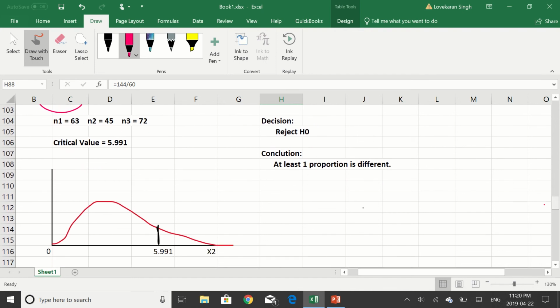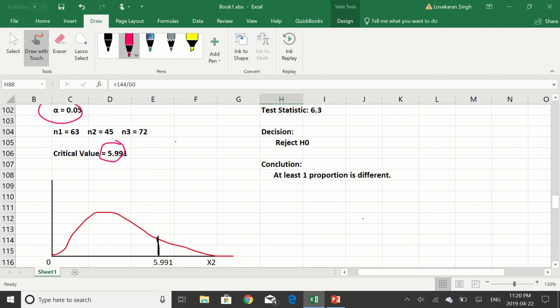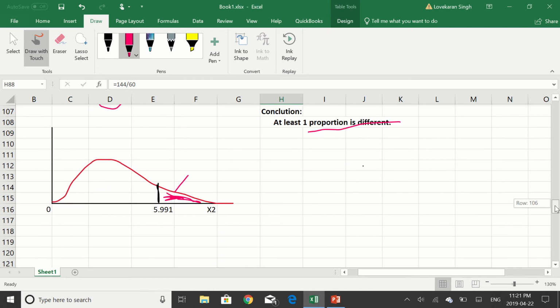Our critical value is 5.991, and as our answer 6.3 is greater than the critical value, it lies in the rejection area, so we reject the null hypothesis. Our conclusion is that at least one proportion is different, not all of them are the same. So here we got our answer.